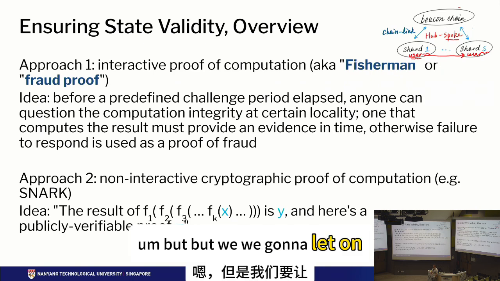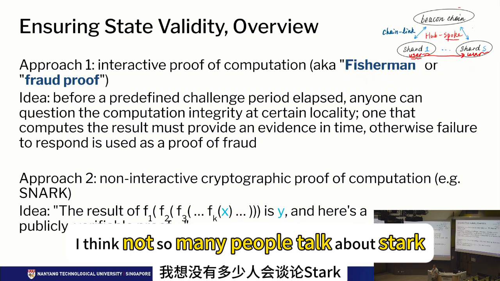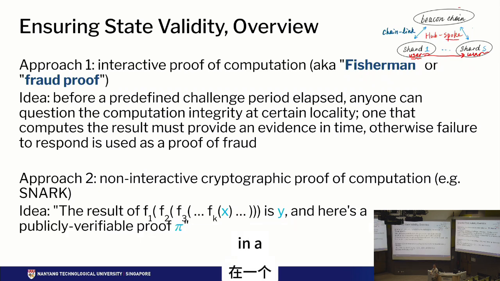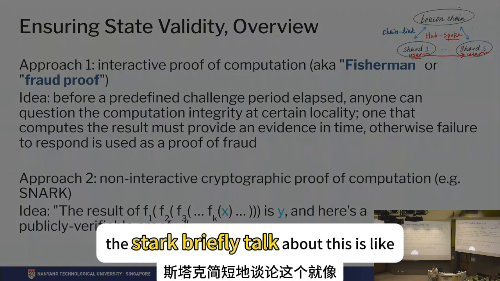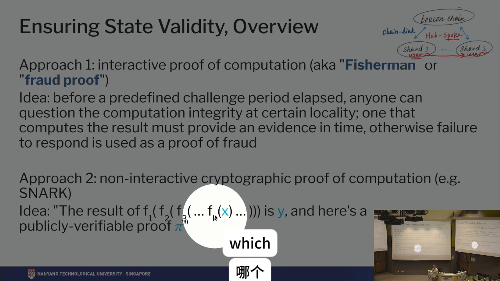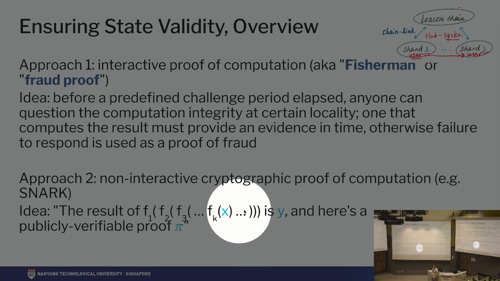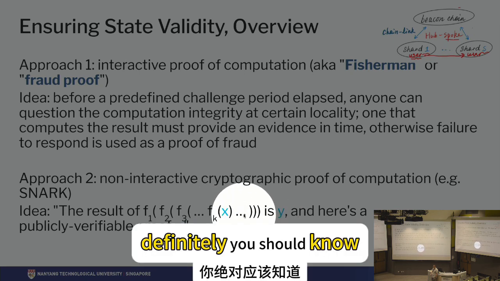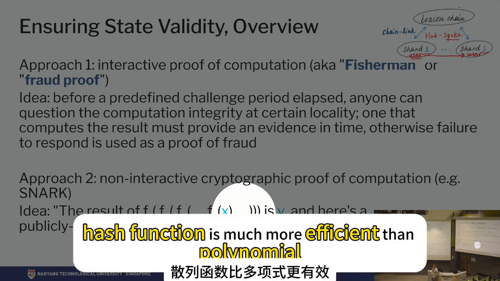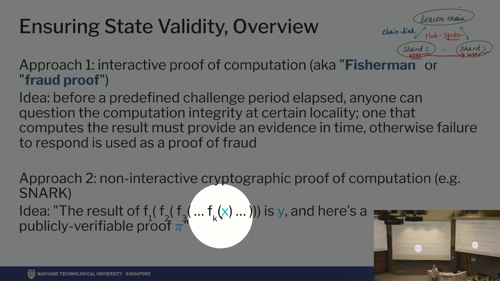Not so many people will talk about STARK later on. I will talk about STARK during the ZK rollup session. Briefly, other than using polynomials, they're using hash, which, as you should know from the efficiency perspective, is much more efficient than polynomials.